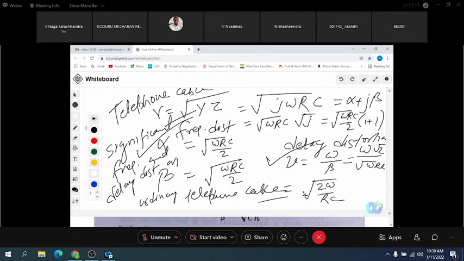So what can we do to eliminate or minimize this problem? What is your suggestion? Now alpha is in front of you, beta is also in front of you. The velocity is equal to root of 2 omega upon RC, and alpha is root of omega RC by 2.